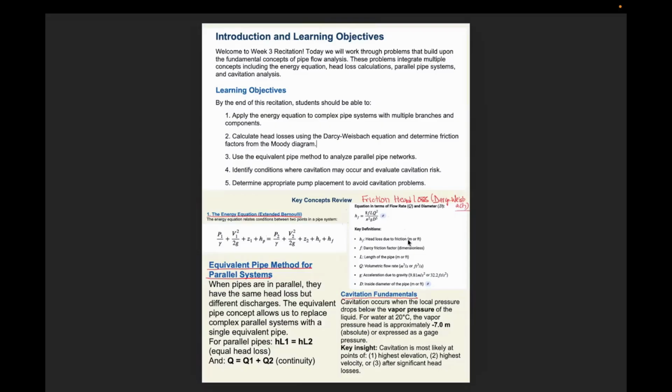So you also need to take care about dimensions and units of each term.